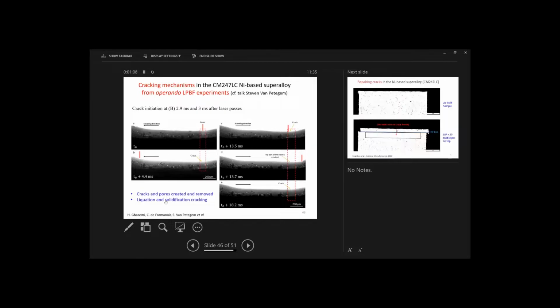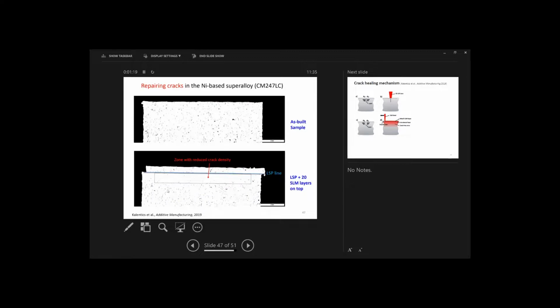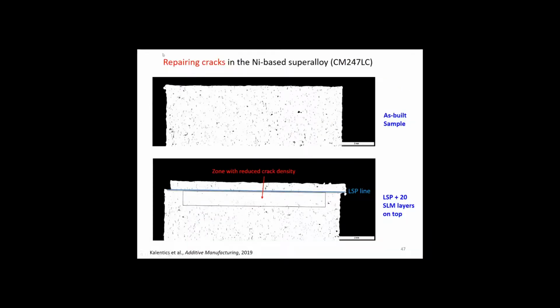But I just want to point out these two liquation and solidification cracking mechanisms that he underlined. If we have that in mind, we can come back during the fabrication of the material. So you can come back here and say, why?